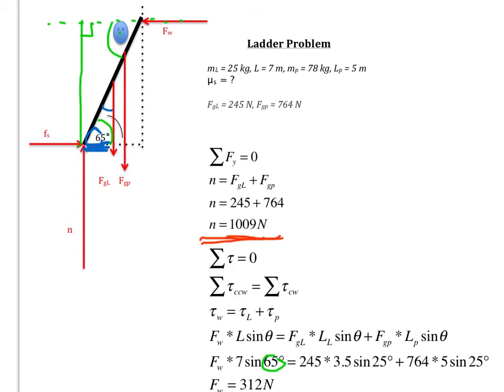Let me get rid of this right here. My line of action is right here, and that's a 25-degree angle. For the person, the 25-degree angle is right there, and the lever arm is right here. Remember what lever arm is: from the axis of rotation to the line of action at 90 degrees.